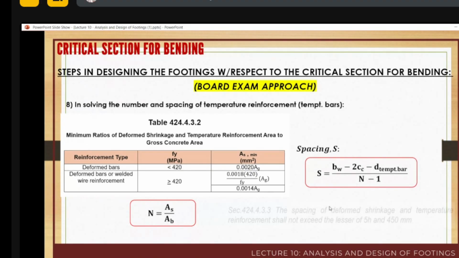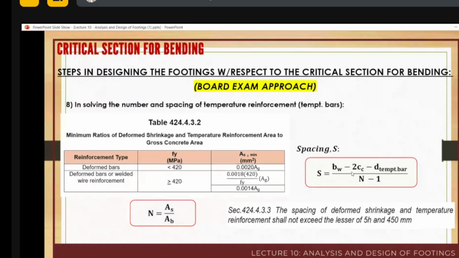So again, for the temperature bar spacing, you have BW minus twice the covering minus the temperature bar diameter, over n minus 1.